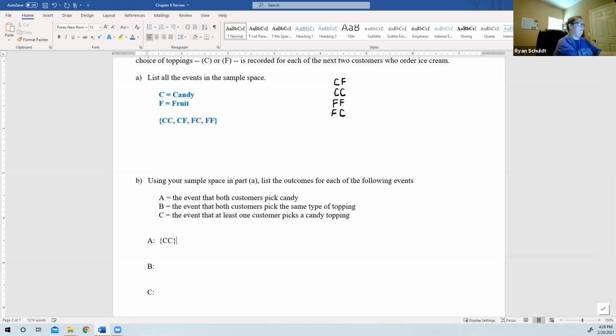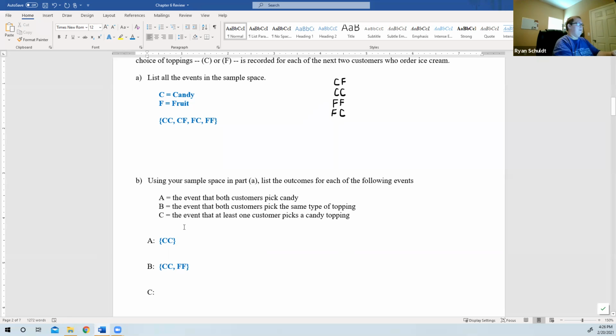CC, right? Candy, candy. That's all there is to that one. B, the event that both customers pick the same type. Well, we could have candy, candy, or we could have fruit, fruit. They got to pick the same type. That's all there is to that one.